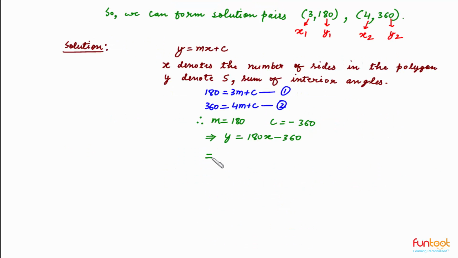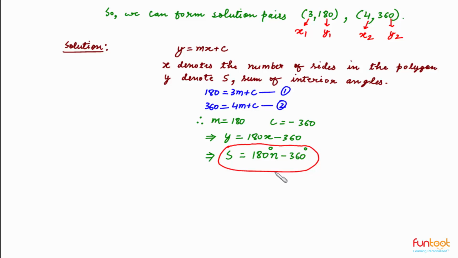This implies we have taken y as S, so S is equal to 180 times n, where x is taken as the number of sides n, minus 360, and these will be in degrees of course. So this is the formula we get for the sum of interior angles of a polygon with n sides.